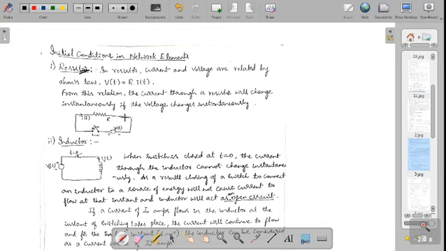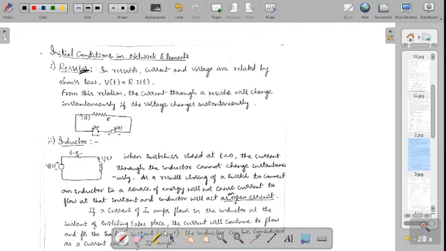There is no time taken to obtain the steady current or steady voltage, only if the resistor is present in the circuit. The moment you close the switch, the current changes instantaneously. This is only in the case of a resistor.